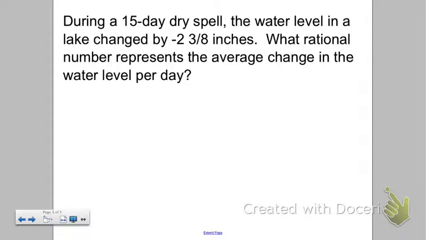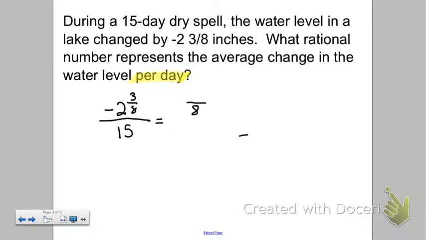Since I am looking for the change in the level per day, I'm going to do negative 2 3/8 divided by 15. Since I am dividing a fraction by a whole number, I need to turn this top fraction, my numerator, into an improper fraction.